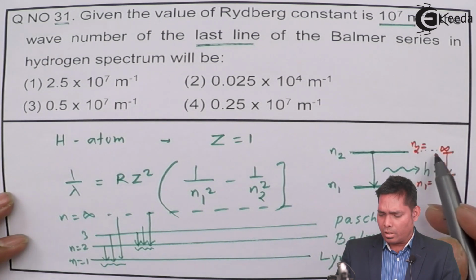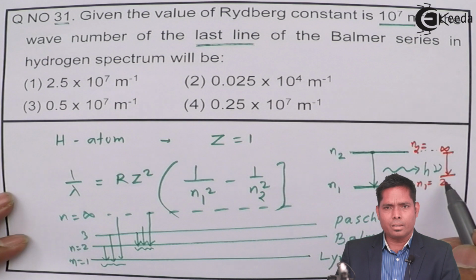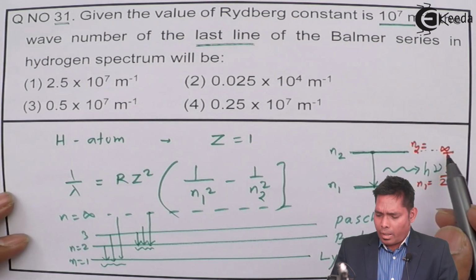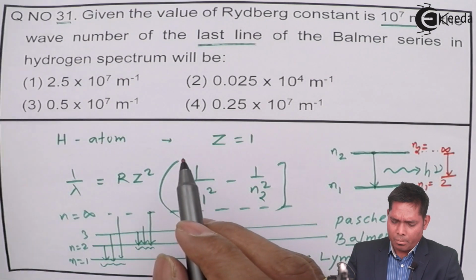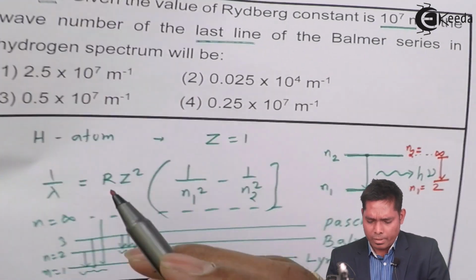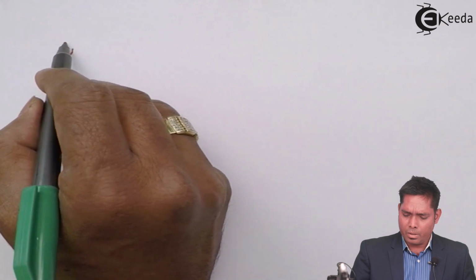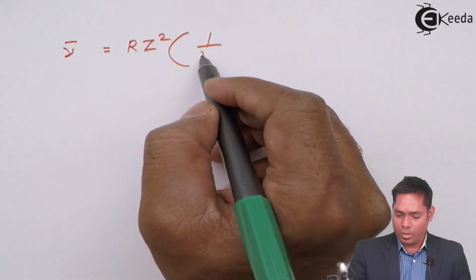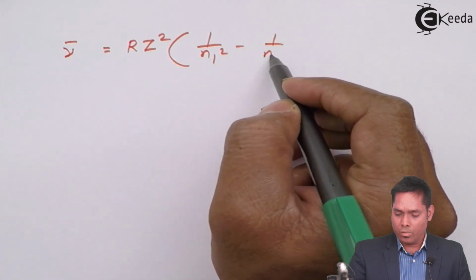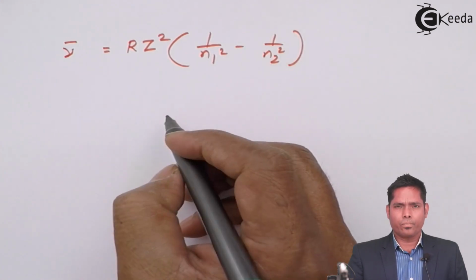This is the infinite level and this is the second level. If I substitute the values, the wave number is the reciprocal of wavelength. Therefore the wave number equals R Z square into 1 over N1 square minus 1 over N2 square.